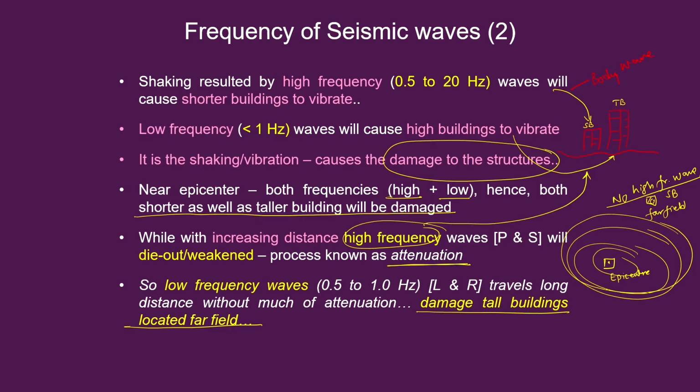And that is exactly what we experienced in even Kanpur, Lucknow and all that. The taller buildings were affected, and they had more sway as compared to the shorter ones. Shorter ones were not affected at all, but the taller ones experienced it. People who are staying on the higher floors experience the sway in the buildings.